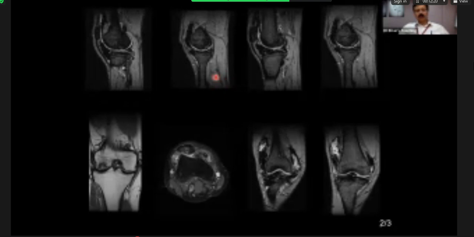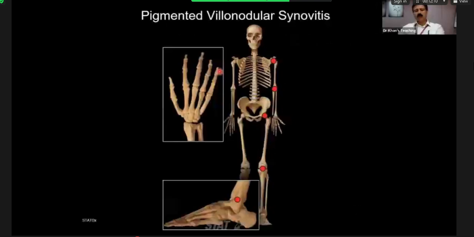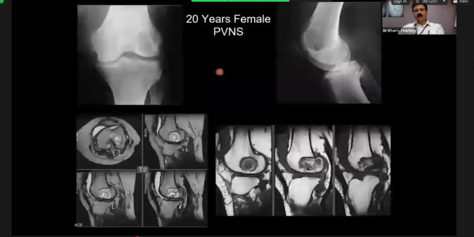So there is low signal, which is a bit of hemosiderin, and this is pathognomonic in a young patient for pigmented villonodular synovitis. So remember this gradient sequence, T2-weighted sequence will show it as low signal.